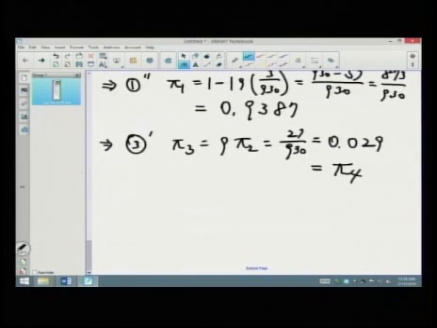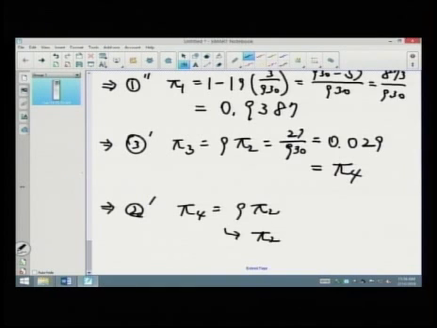Okay. Finally, from 2 prime, we have pi 4 equals 9 pi 2. So from here, pi 2 is pi 4 divided by 9, right? So what is this? Okay. Is that correct? I got 0.003222. Is that right? Okay.